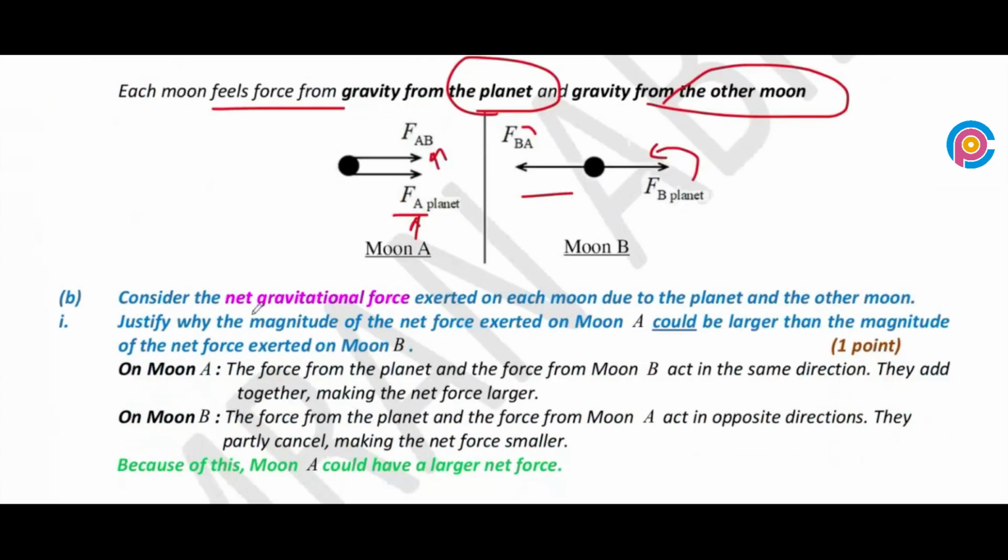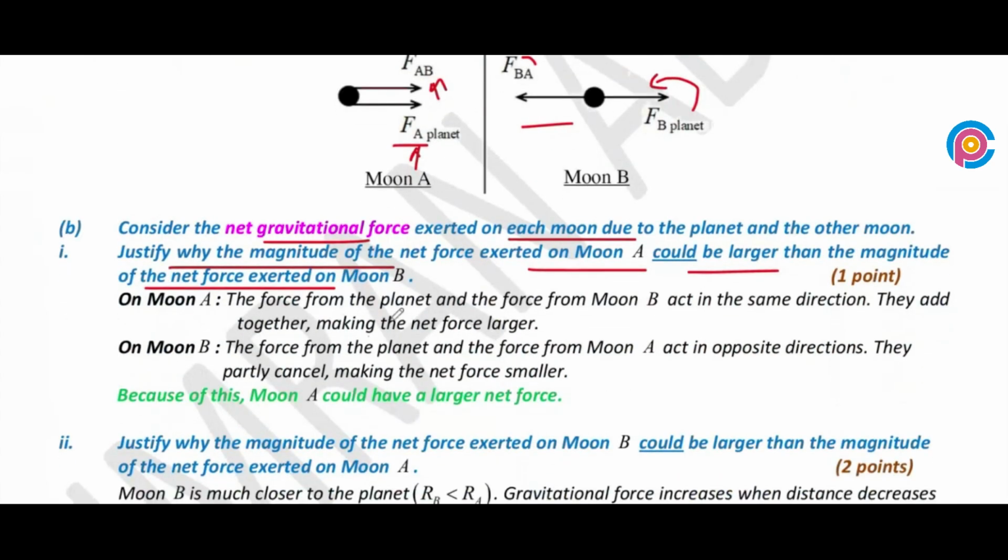Now, next question. Consider the net gravitational force exerted on each moon due to the planet and the other moon. Justify why the magnitude of the net force exerted on moon A could be larger than the magnitude of the net force exerted on moon B. On moon A, the force from the planet and the force from moon B act in the same direction.